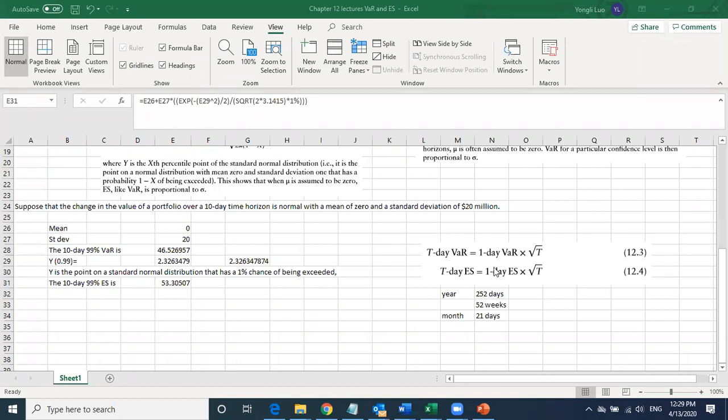The T in finance is very important to remember. For the whole year, you use 252 days. Do you know why you use 252 days instead of 365?